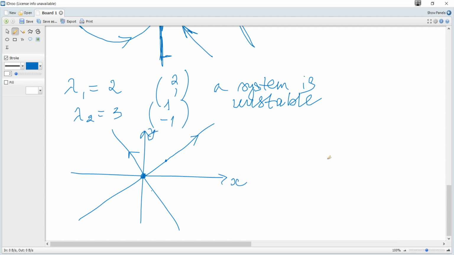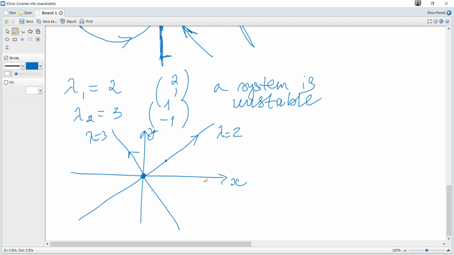Also dy over dx at any point, or dy over dt and dx over dt, will help you to draw trajectories, but in general it looks like this. And again, it will be parallel to the vector corresponding to the more positive lambda, lambda is 2 and lambda is 3.